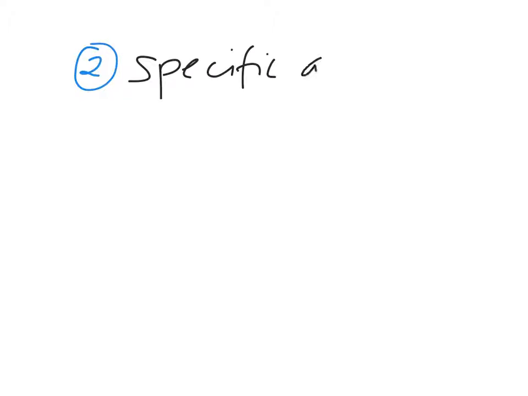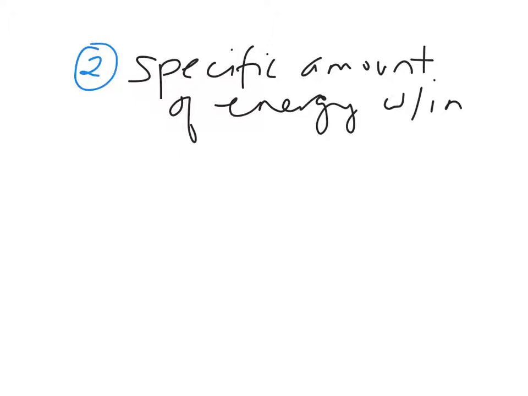So now let's look at the next part of our address. Within this energy level N that we're talking about, we want to know the specific amount of energy within that level, whatever N is.